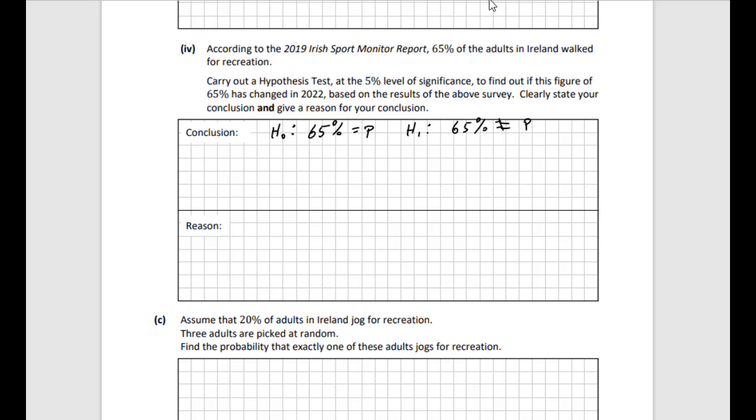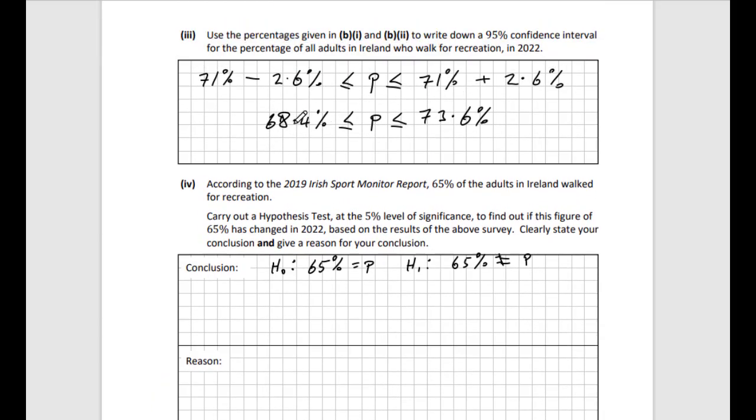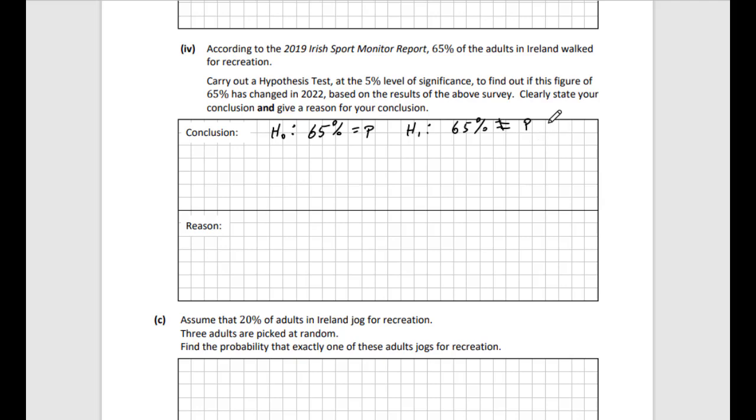I think they're not really asking for it. They just want the conclusion. So what we found up here in our confidence interval, that currently in 2022, somewhere between 68.4 and 73.6% of the population walk for recreation. So this 2019 figure of 65% is outside that confidence interval, so we want to reject what is being claimed. We want to reject the null hypothesis.